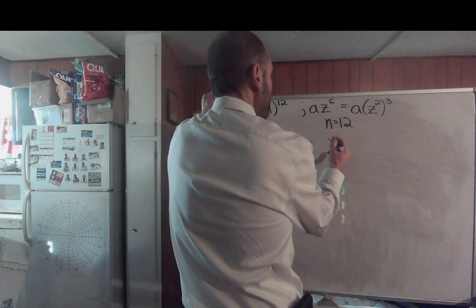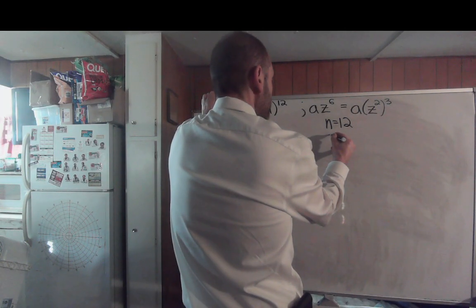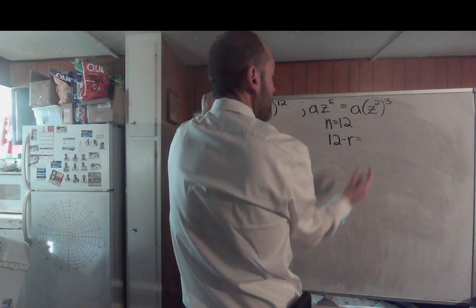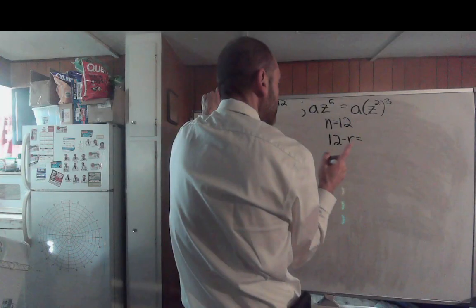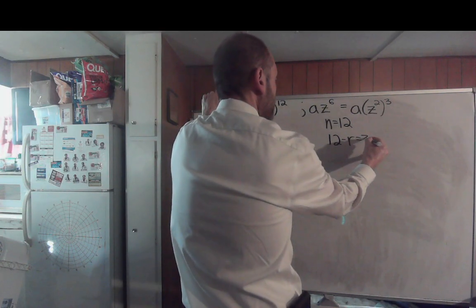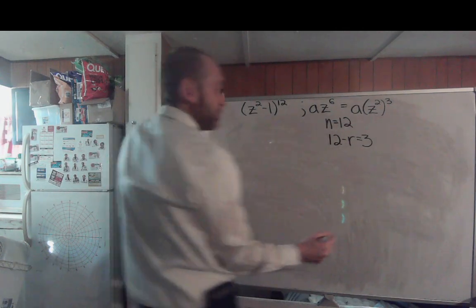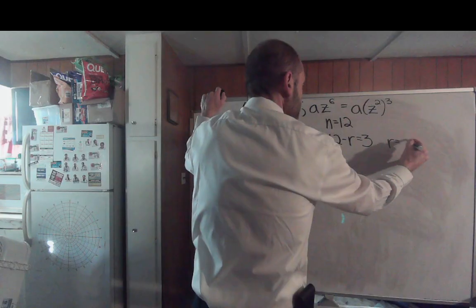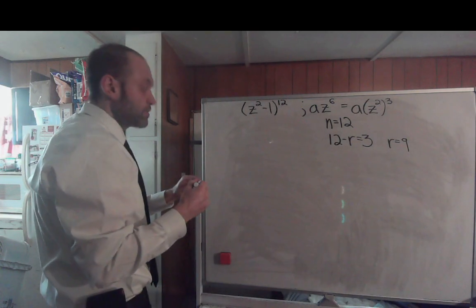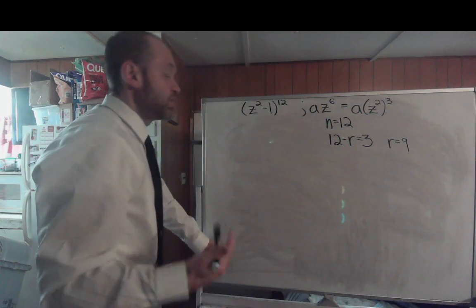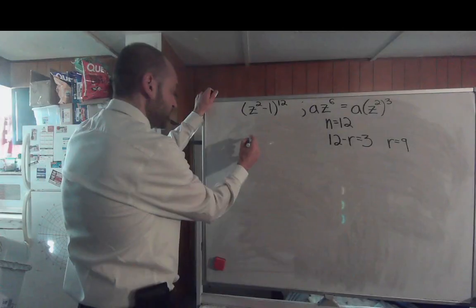Well, that means that n minus r, or 12 minus r, is really going to be equal to 3, because that z squared is raised to the n minus r power, so that means r equals 9. So we just now found r. Let's go ahead and solve for the initial coefficient.